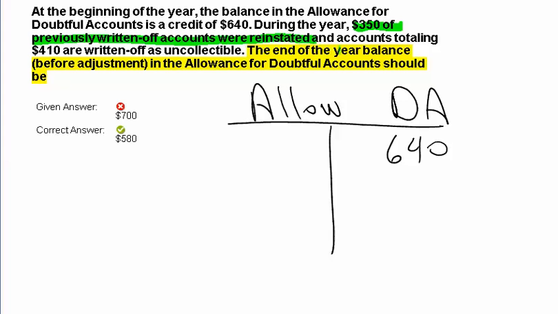$350 were previously reinstated. Let's look at the journal entry that was made previously in the books.